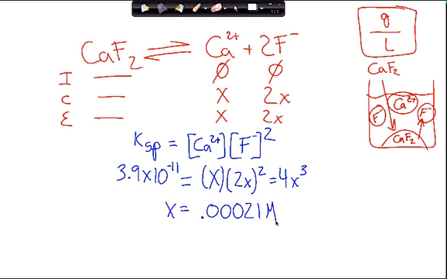I got 0.00021. 2.1 times 10 to the negative 4th, or 0.00021. Okay. Now guys, understand, we're not done.